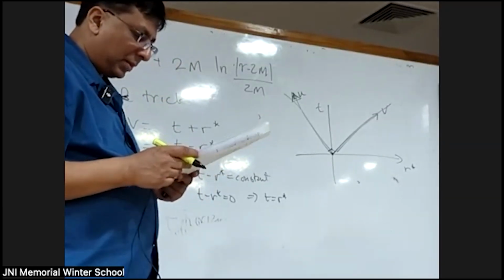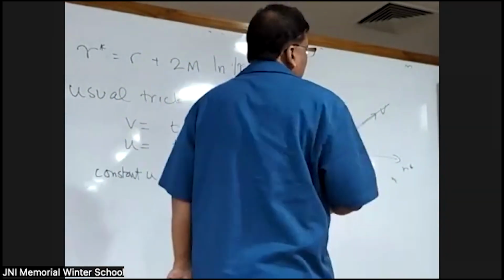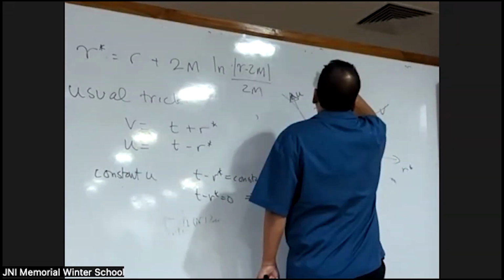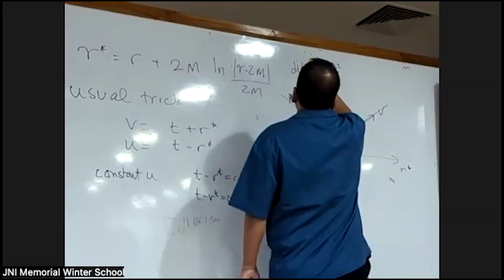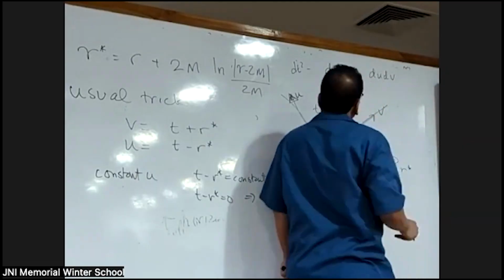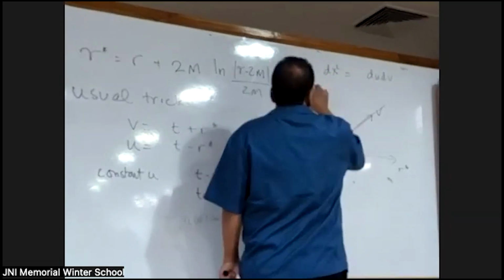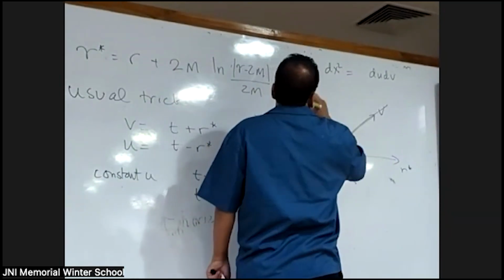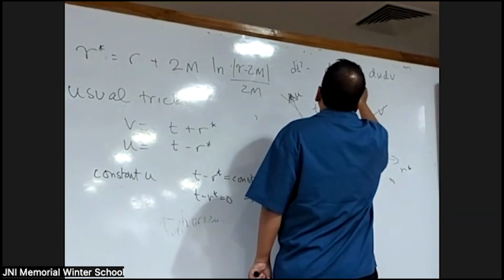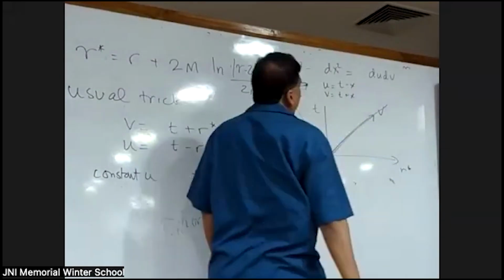Anyhow, the reason people like to do this is you can take a quadratic form like this, −dt² + dx², and write it as −du dv. Or vice versa, you can go from here to here, where u is equal to t minus x, and v is equal to t plus x.